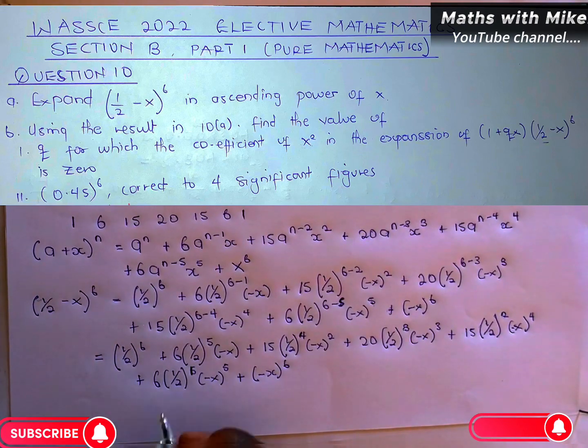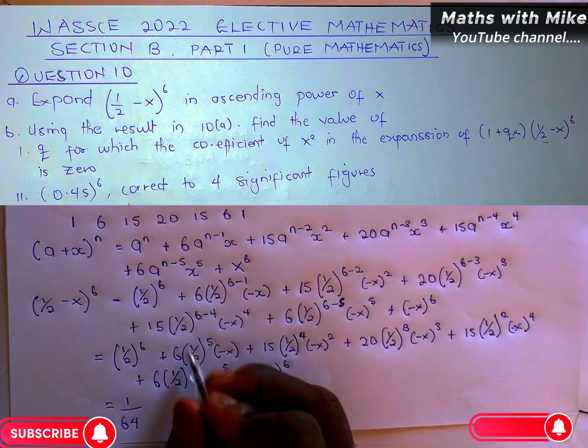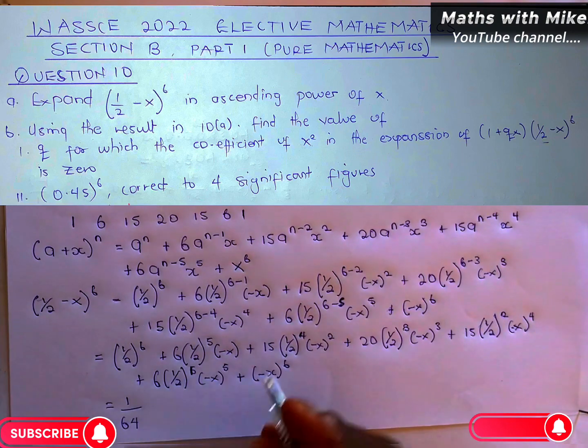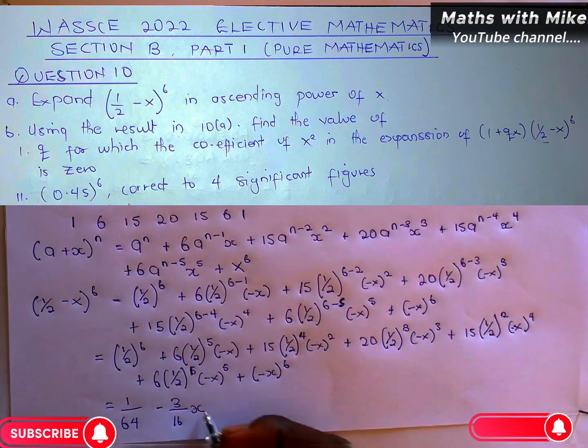One over 2 exponent 6 is going to be 1 over 64. Now half exponent 5 times 6 times negative x is going to be negative 3 over 16 x.